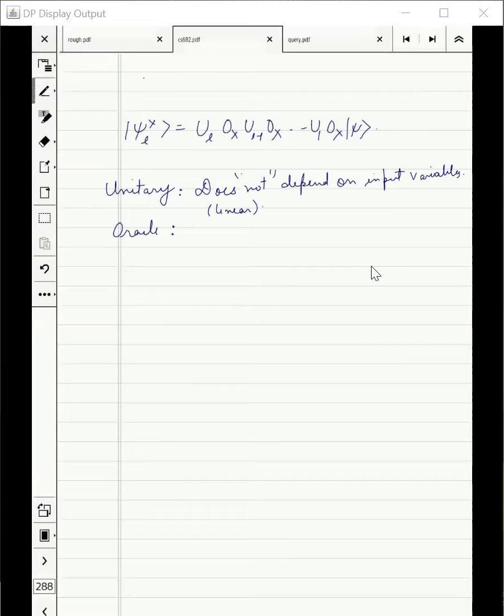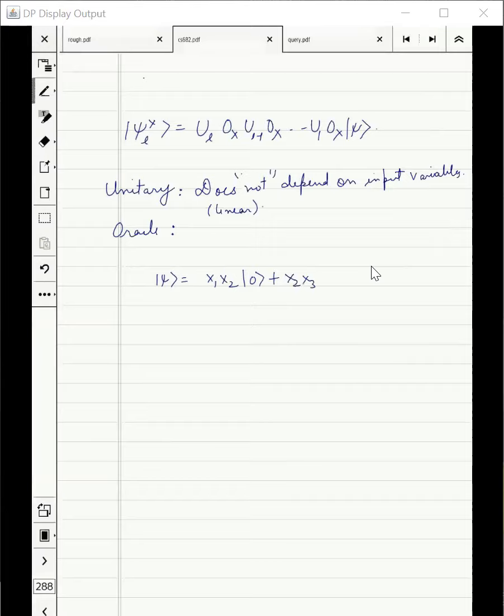For example, suppose at some point my state was x1, x2, 0 plus x2, x3, 1 minus x1, 1. I need not have squares because these are all 0, 1 variables.